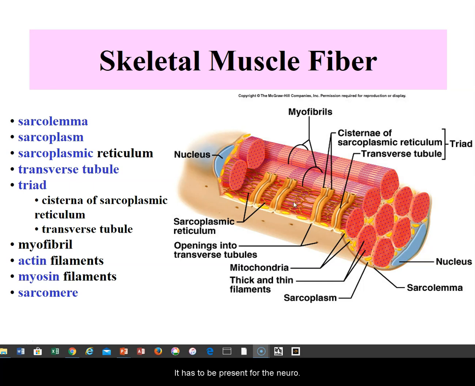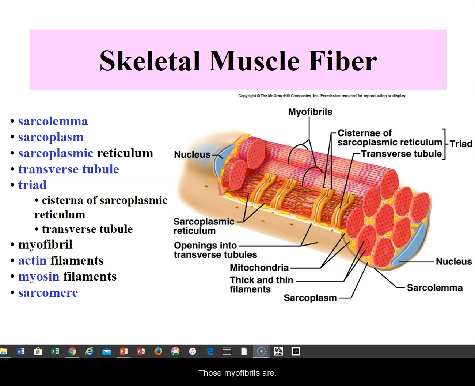It has to be present for the neurotransmitter, the chemical that has to be present for this muscle to contract. To get everything started, you have to have calcium, and we'll talk about that again. But these delivery tubes will deliver your ions, your electrolytes, but calcium's very, very important. Can't have a contraction without the delivery of calcium.